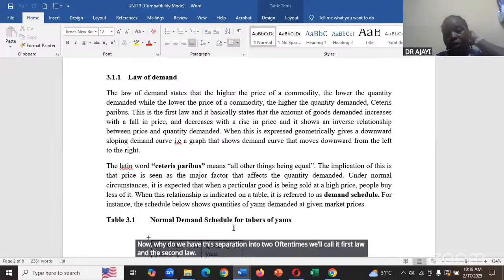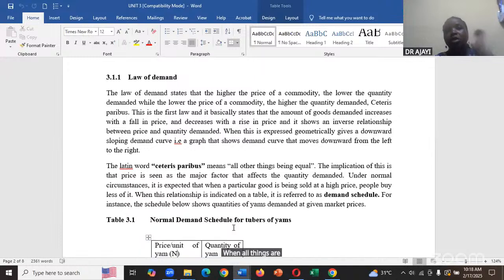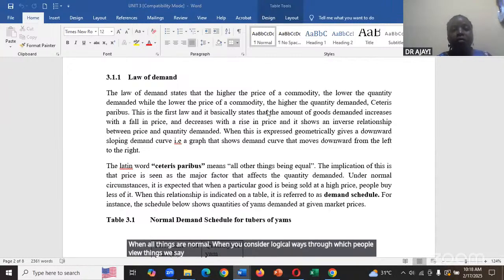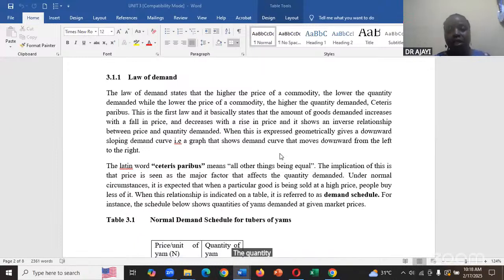When all things are normal, when you consider logical ways through which people view things, we say the first law of demand, people follow it, they obey it. What do we mean by the first law? It simply states that when the price is high, the quantity that will be demanded will be low. And once the price is low, the quantity that will be demanded will be high.